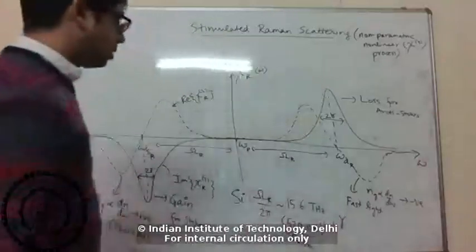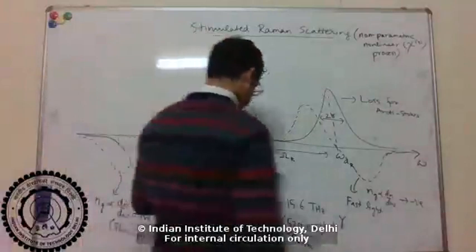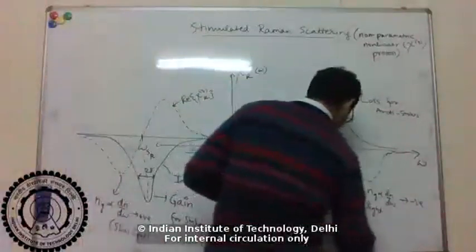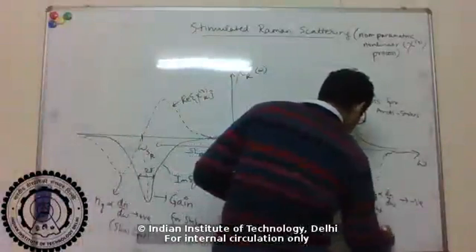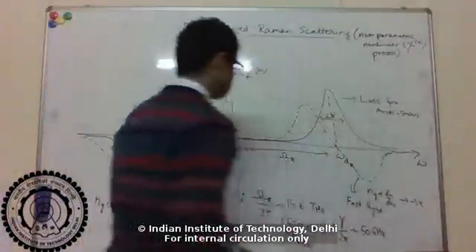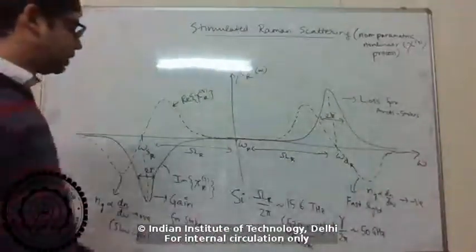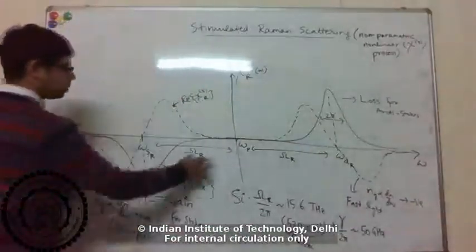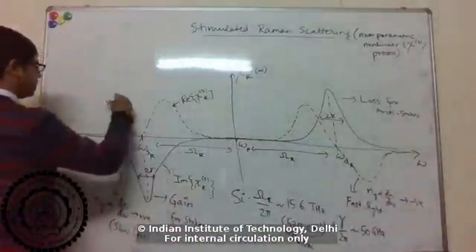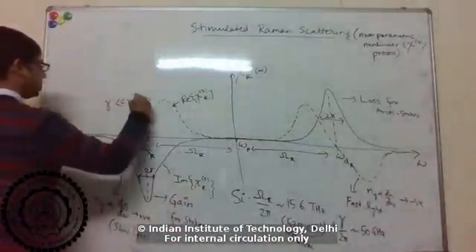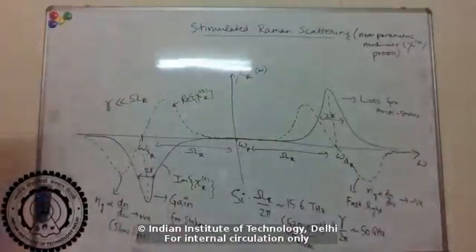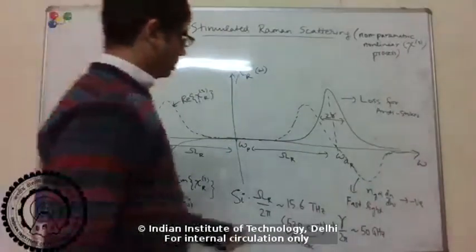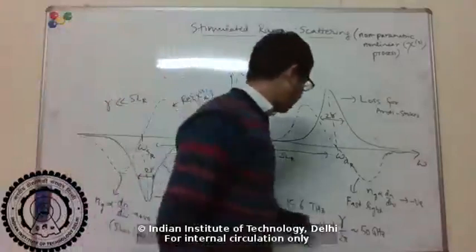And then this damping constant for the vibrations of the phonons, that is about 50 gigahertz. Okay, so typically you can see that the line width here is much smaller than the Raman shift. So gamma is much smaller than omega. You can see here it's almost a factor of 1,000.